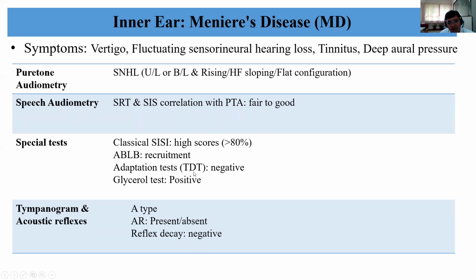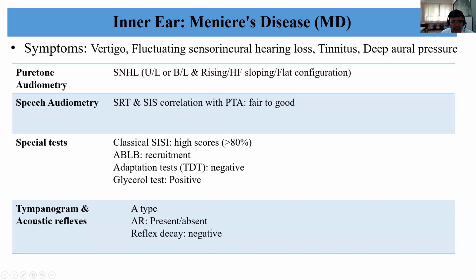Other way around, adaptation tests like the tone decay test help you to understand whether it's a retrocochlear pathology or cochlear pathology. Quite often in a hospital setup, they ask audiologists to do the glycerol test, and a positive result in the glycerol test gives an indication towards Meniere's disease. All these tests help you to get a confirmation of the medical condition, that is Meniere's disease.